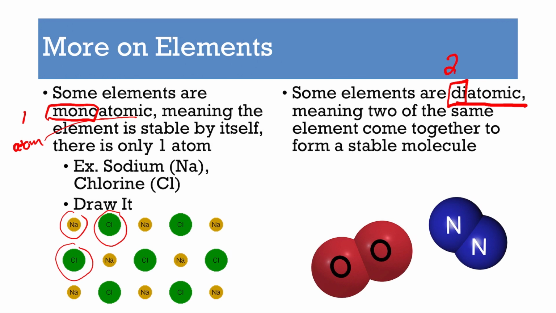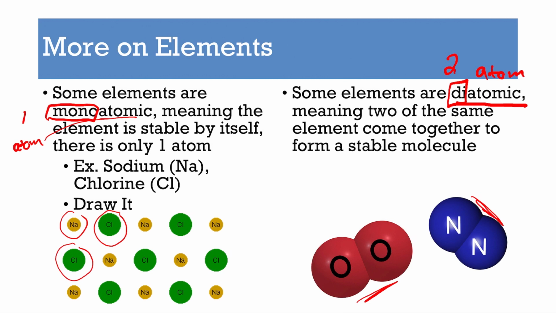Now, some elements are diatomic. So di means two. Again, atomic is talking about atoms, so you have two atoms. A diatomic element is two atoms of the same thing coming together to form a stable molecule. You can think of diatomic molecules as identical twins that can't go anywhere alone. So oxygen needs to travel with its twin.